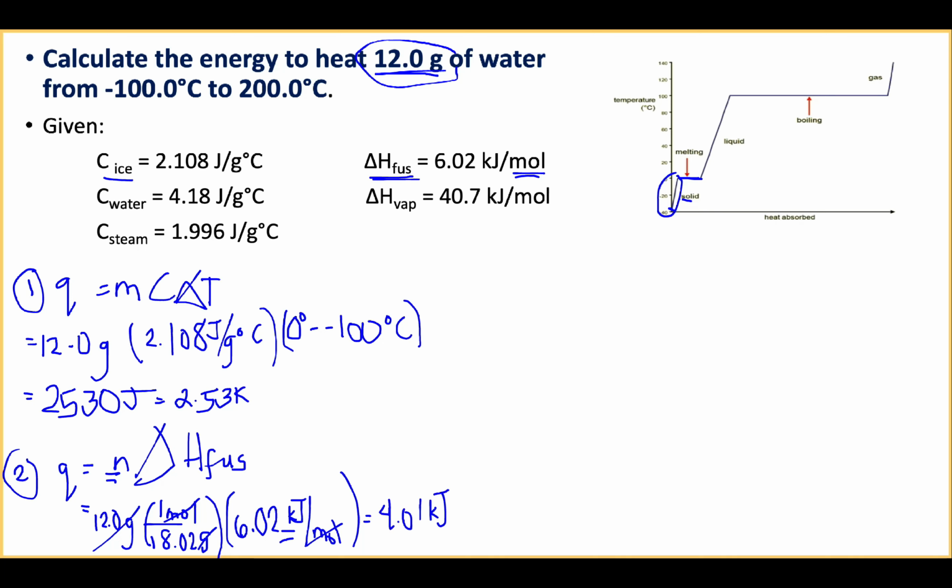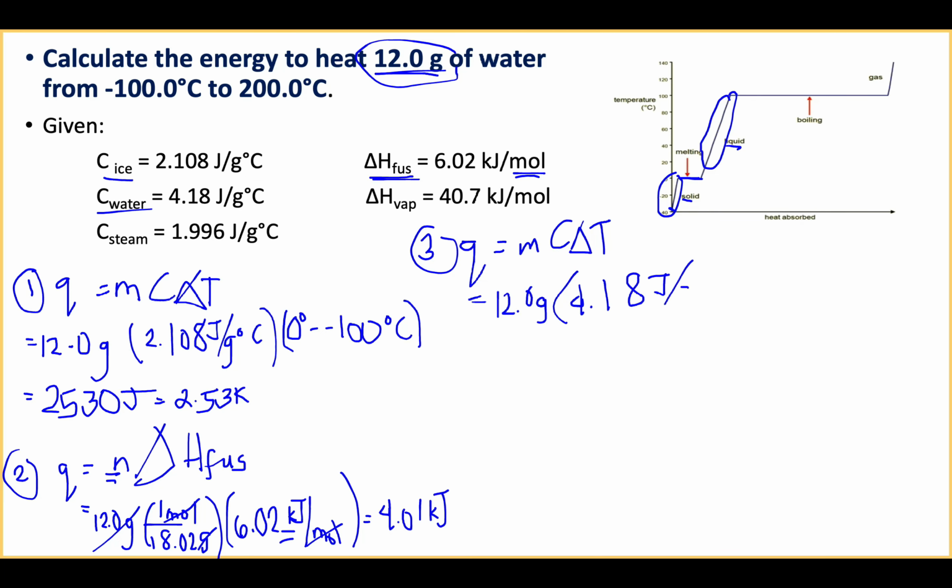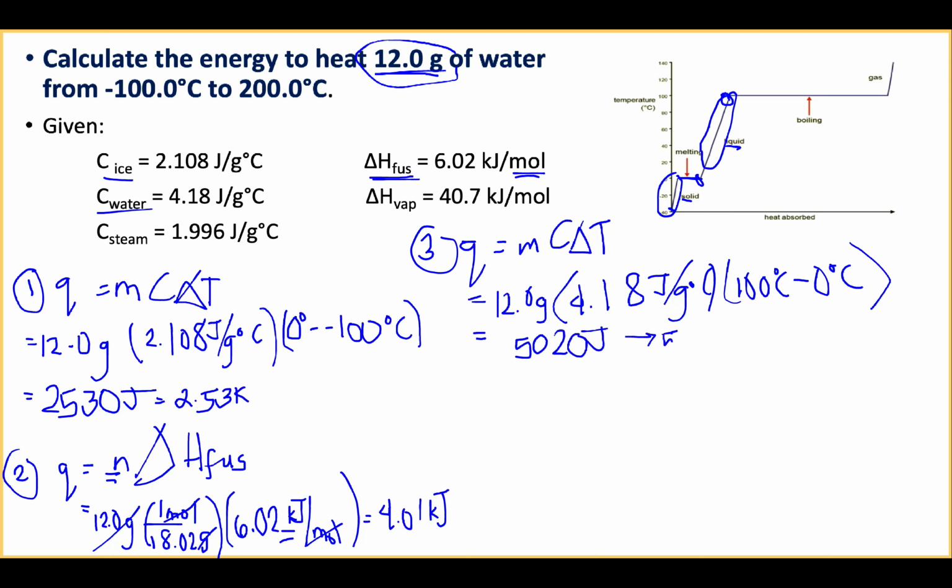Okay. Step 3, we're here. So it's a slope, so we have Q is equal to mcΔT. Substitute the values. Specific heat of water, liquid area. The temperature change will be 100 because this is your final temperature minus your initial, which is 0 degrees Celsius. This will give us 5,020 joules or 5.02 kJ. Number 4, this one.